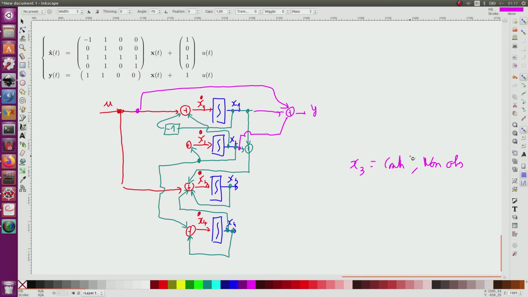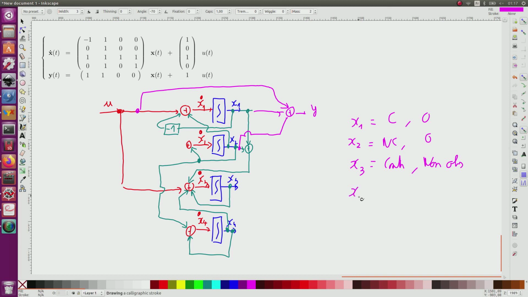Now, what about x1? I can see that x1, from u I can reach x1, and from x1 I can reach y. So this one is said to be controllable and observable. x2. x2 can reach y, so it will be observable. But from u, I cannot reach x2, so it will be non-controllable.